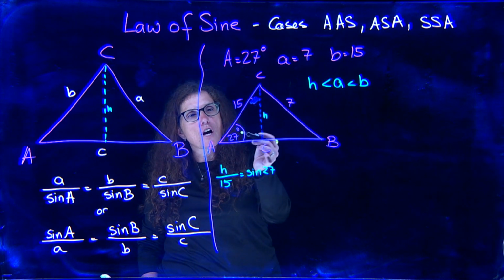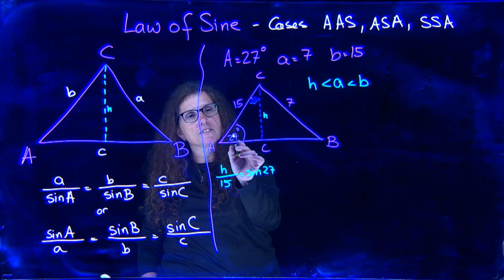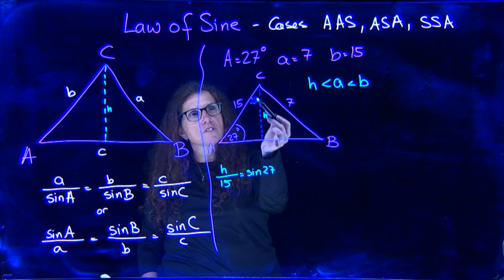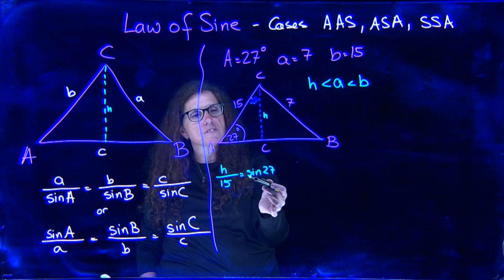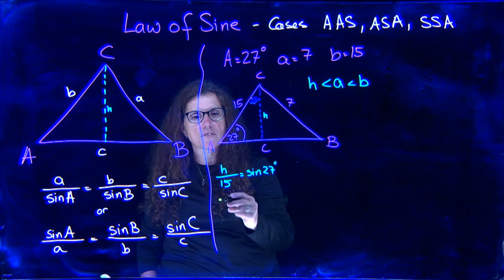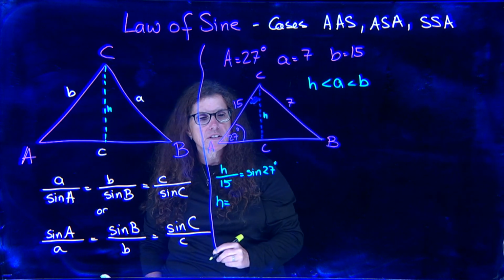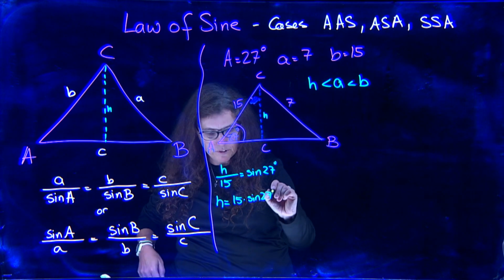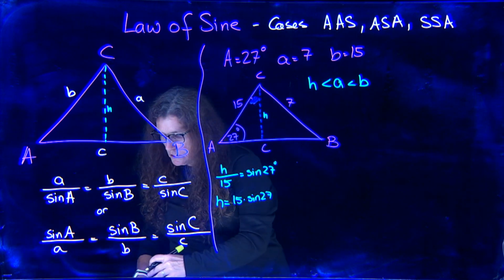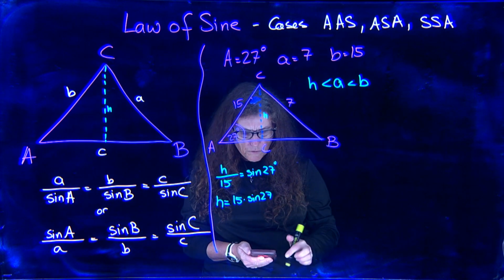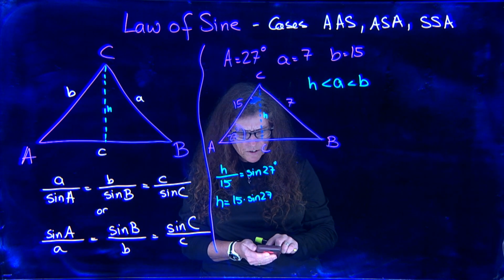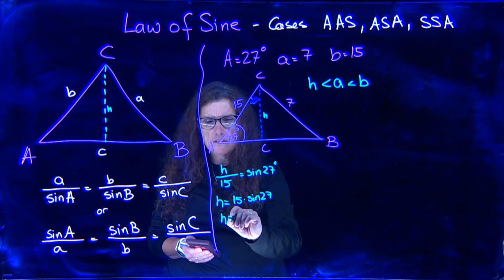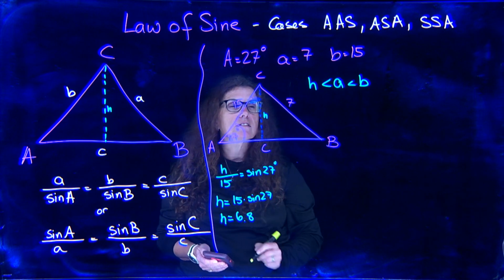The height is opposite to my angle of 27 degrees, and I have the hypotenuse. So opposite over hypotenuse is equal to the sine of 27 degrees. So to find the height, I multiply 15 times the sine of 27. Use my calculator. 15 times sine of 27, the height is 6.8.